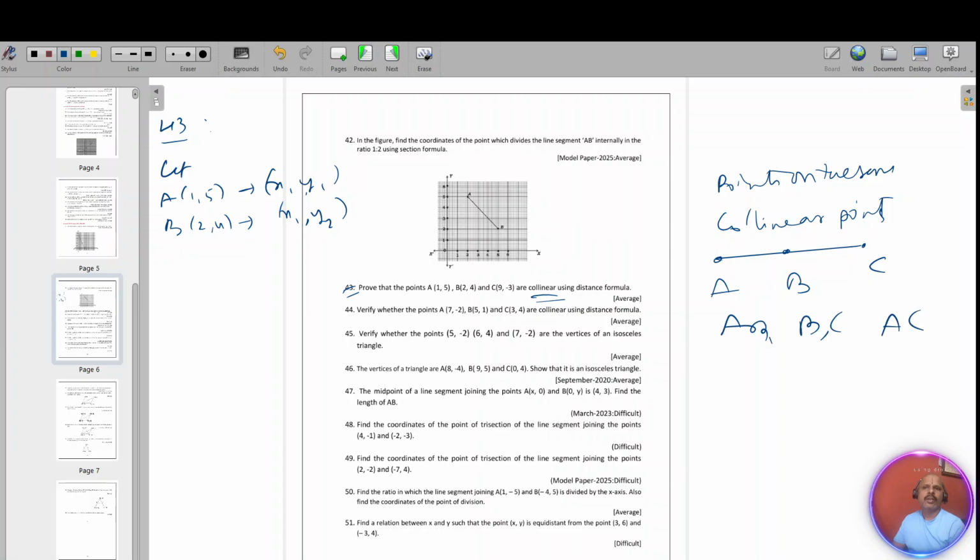Once you find these three values, since they are collinear, they should fall on the same line. In the concept, it says the sum of two lengths, AB plus BC, should give you AC. So AB plus BC is equal to AC.